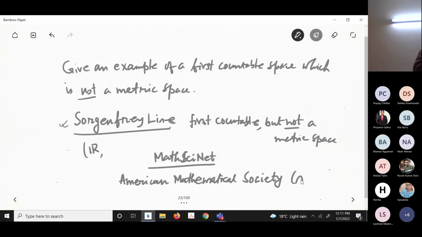It has a very old journal, the Mathematical Reviews.